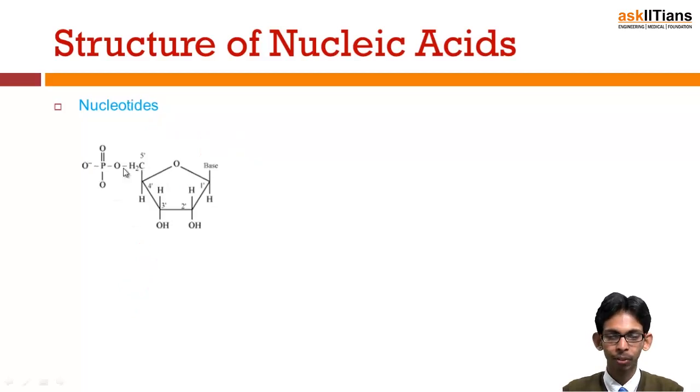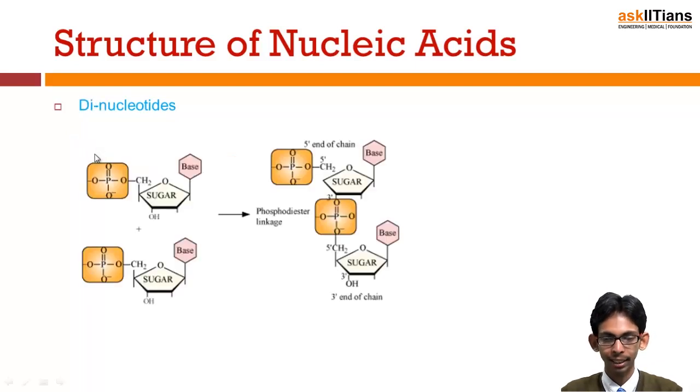Now when a phosphate group is also present, it is known as a nucleotide. So the combination of sugar and base is a nucleoside, and sugar, base, and phosphate group is a nucleotide. Two nucleotides combine together to form a dinucleotide, and the addition takes place continuously to form a long chain, which is known as polynucleotide or nucleic acids.